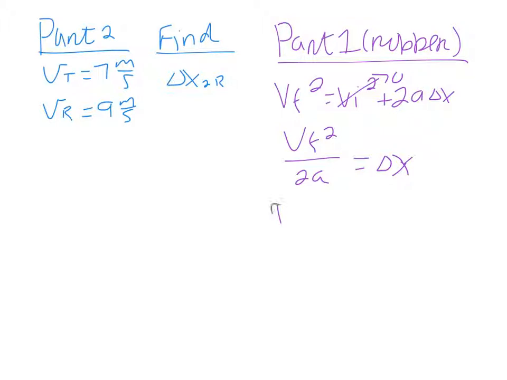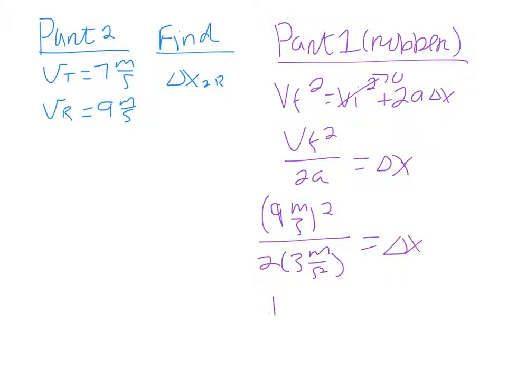So this is 9 meters per second squared divided by 2 times 3 meters per second squared equals delta x. 81 divided by 6 gives me 13.5 meters for the distance the robber travels in that first part. So this is delta x1 robber.